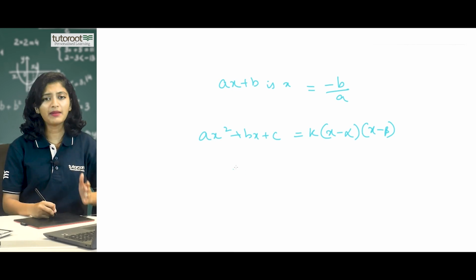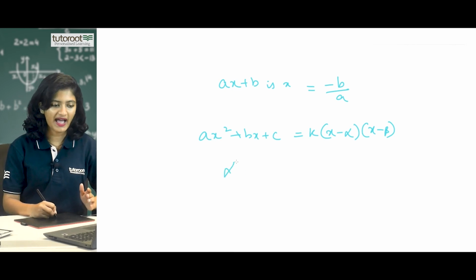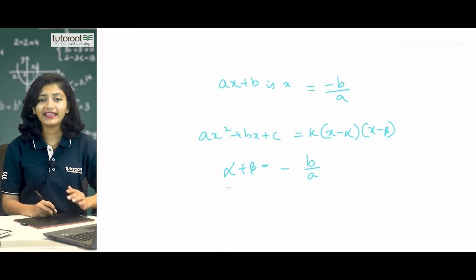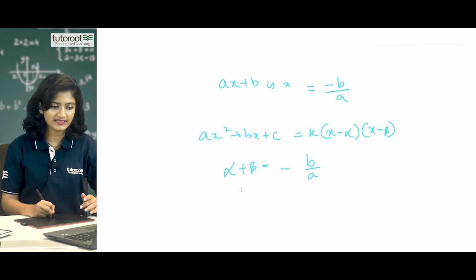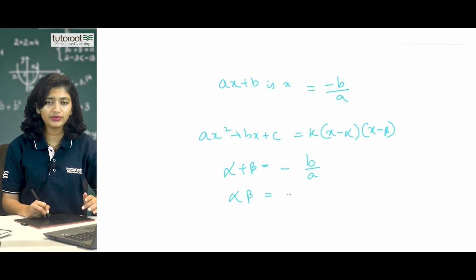So here the sum of the zeros, alpha plus beta, would give you minus b by a, and the product of the zeros, that is alpha into beta, would give you c by a.